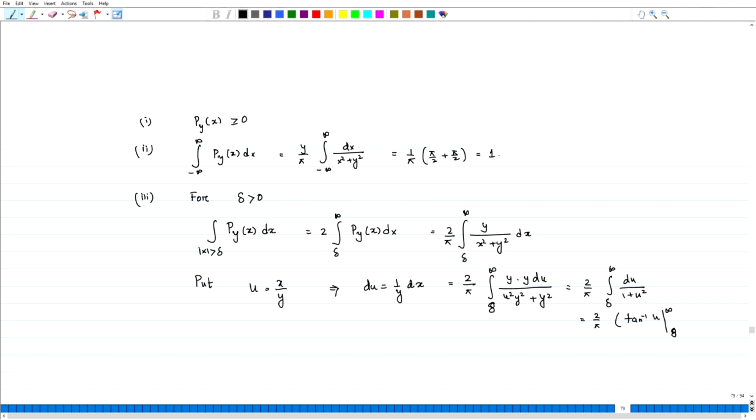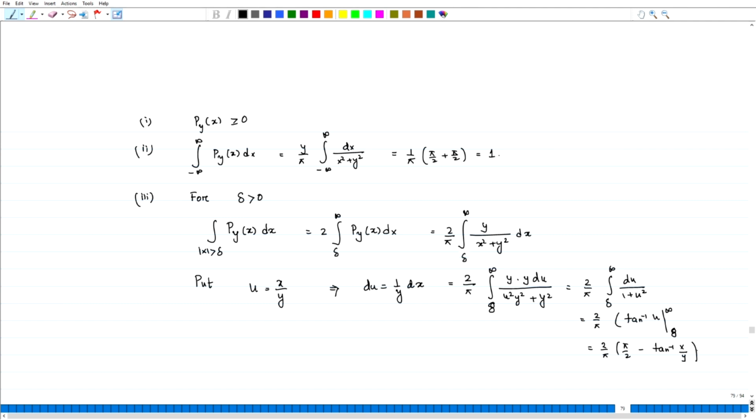Now, this is going to be equal to 2 by pi into pi by 2 minus tan inverse of x by y.